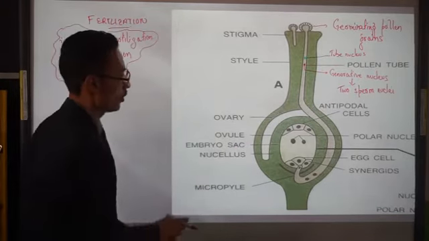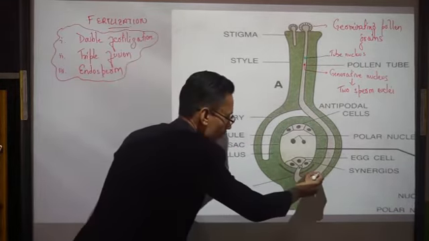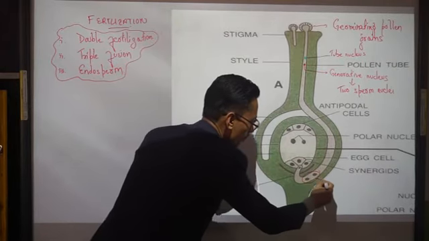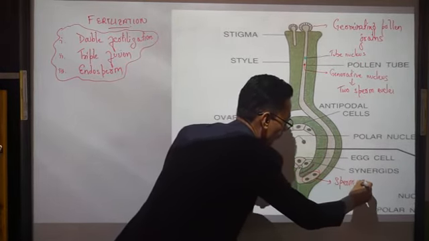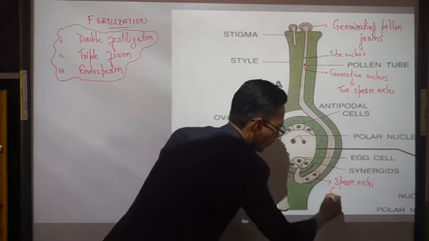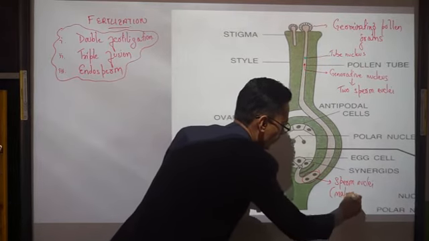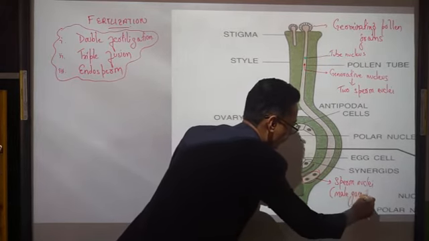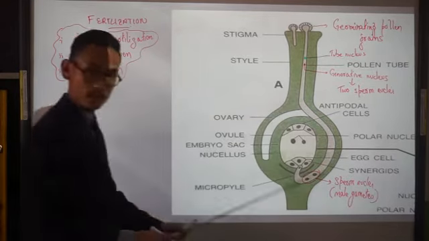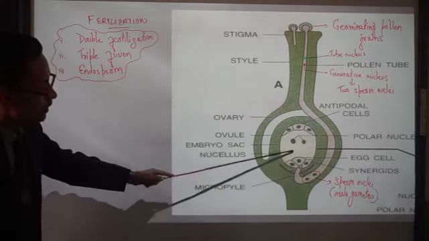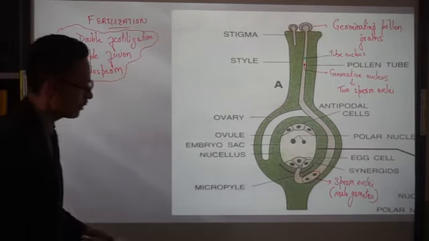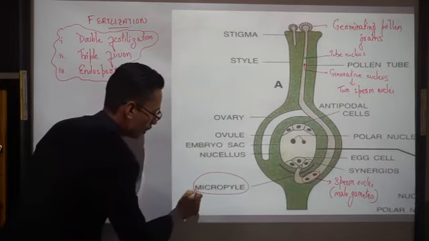Generally, these particular 2 cells which you can see over here are the sperm nuclei, or we can say they are the male gametes. Clear? Now, the pollen tube enters the embryo sac with the help of the micropyle.